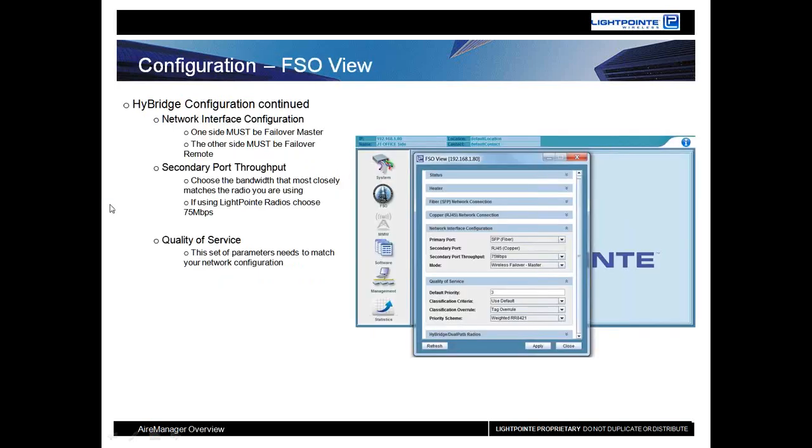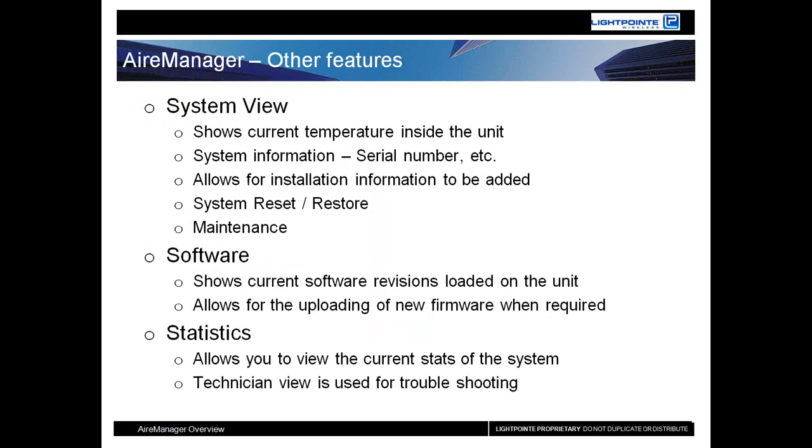Some of the other features that you can go to are the system view, the software, and the statistics. Now for software and statistics, statistics is basically just a view. You can't alter or change anything other than to clear out all the numbers and start over again.